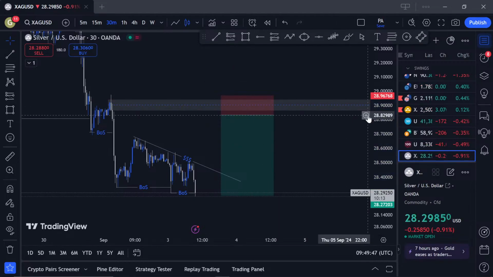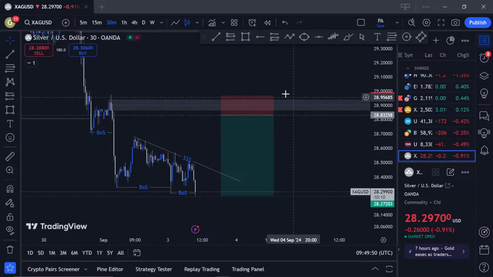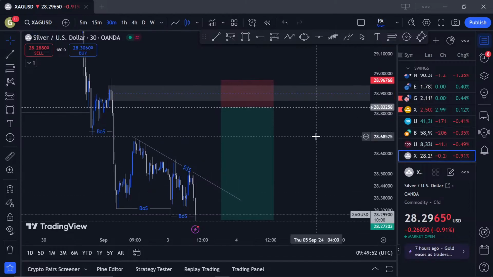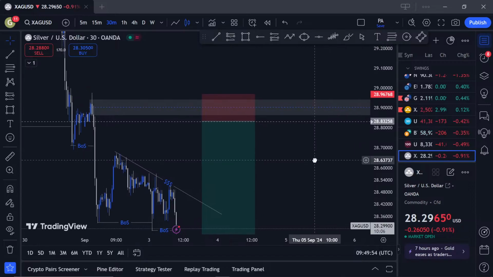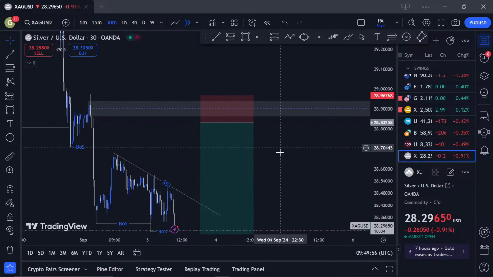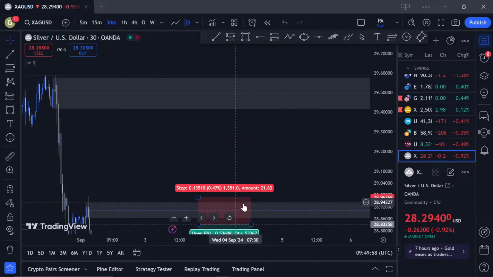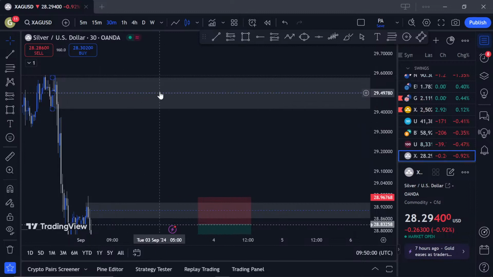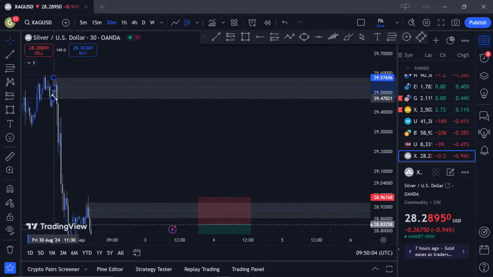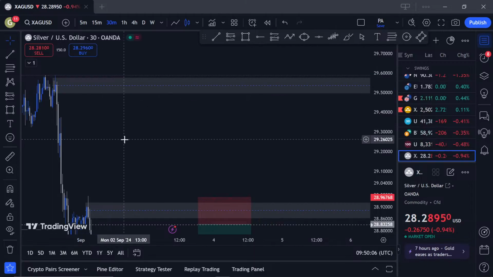This would definitely be my second time taking a trade on silver. Yeah, so I'll be looking forward to trade silver. Whenever price comes here, I'll take a sell from this level. Or if here doesn't hold, then I'll wait for this higher top here to hold, and then I'll still take a sell from here as well. So this is it for silver as well.